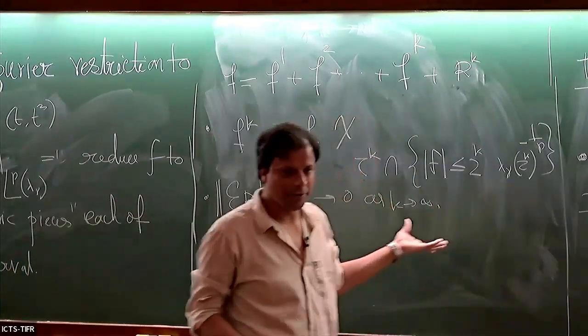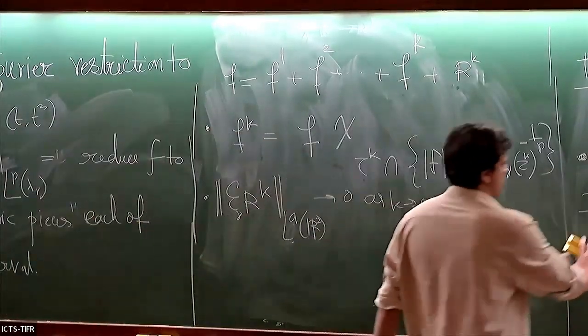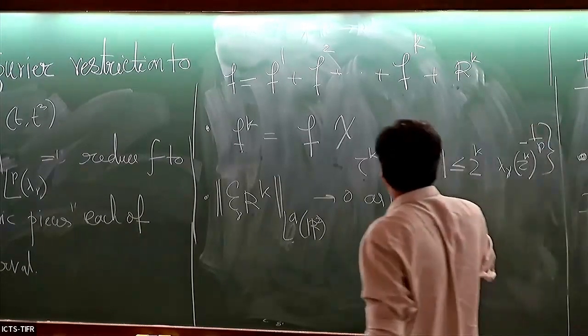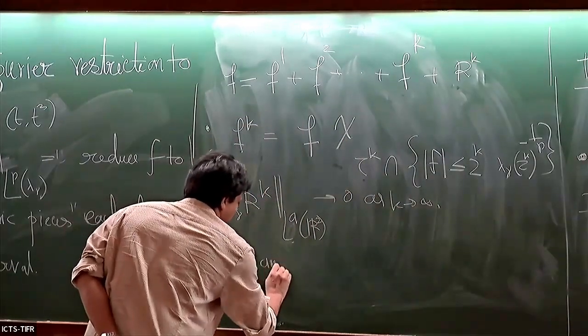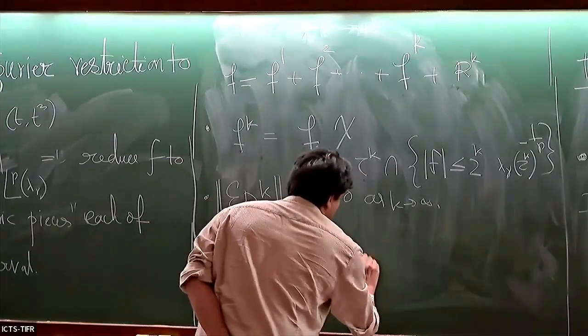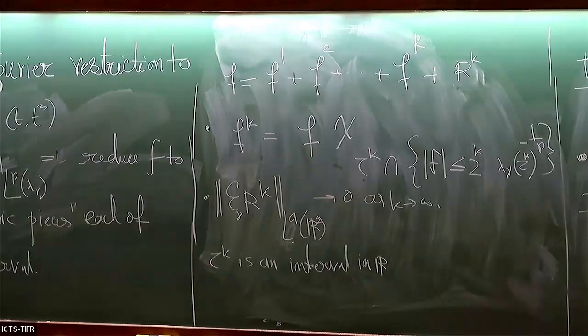This is because of this improved Stein-Tomas estimates. Basically, okay. I'm sorry? Tau k is an interval, in R. So remember, in sort of nap type examples, what we had is the following.